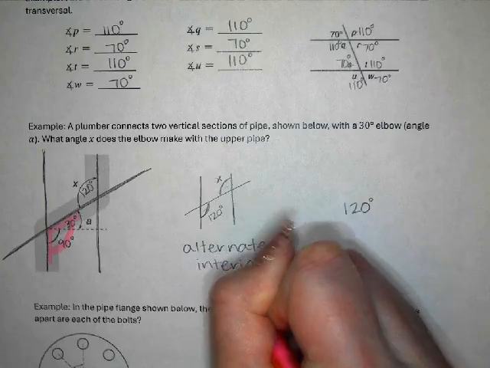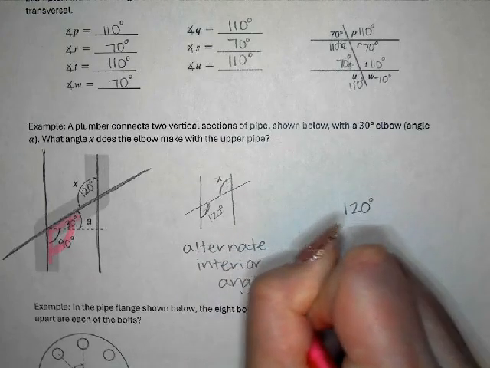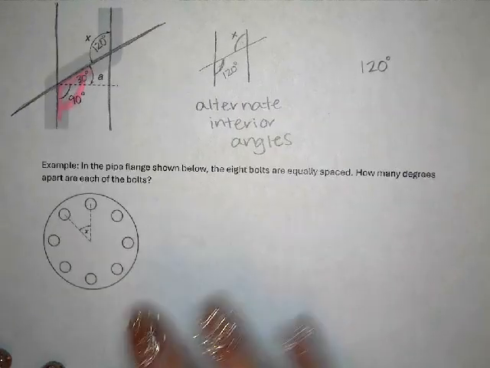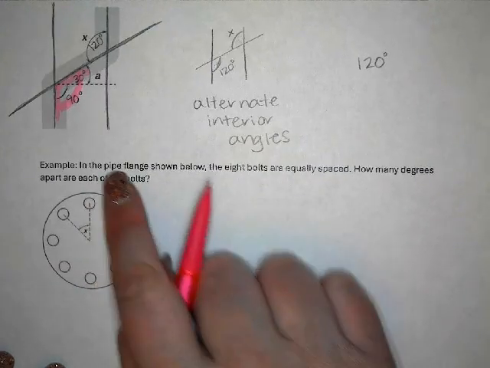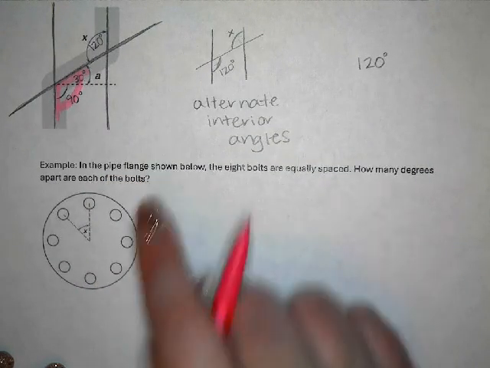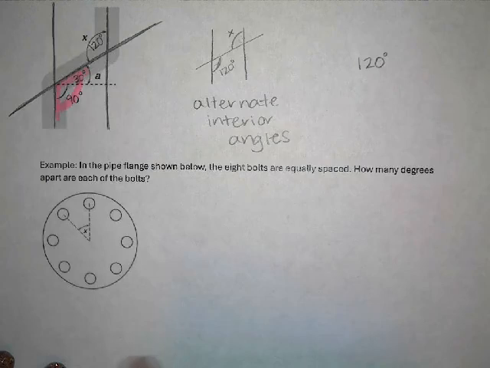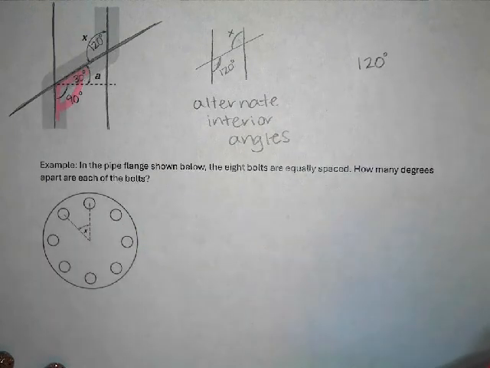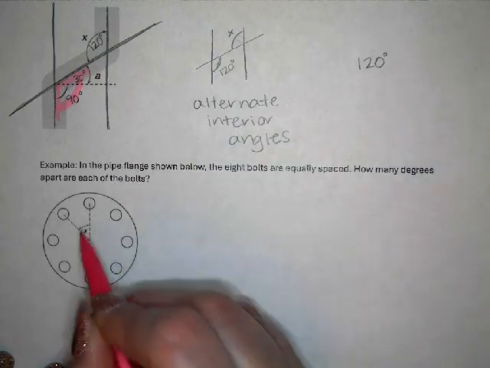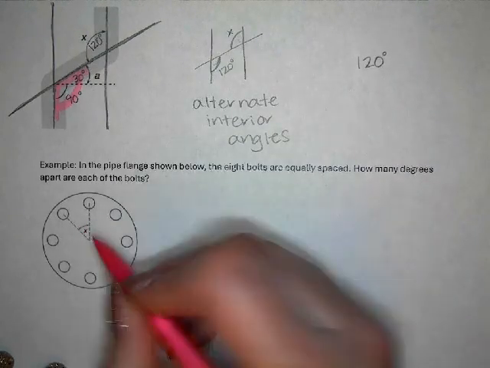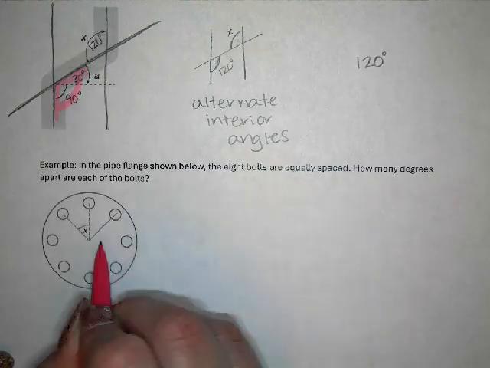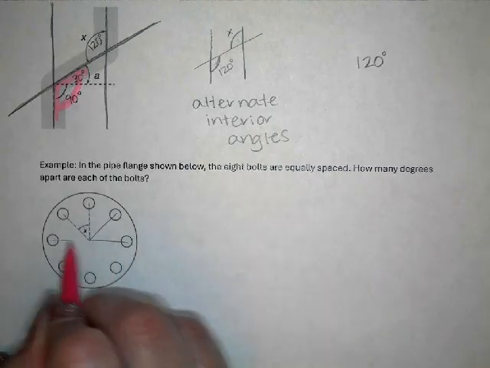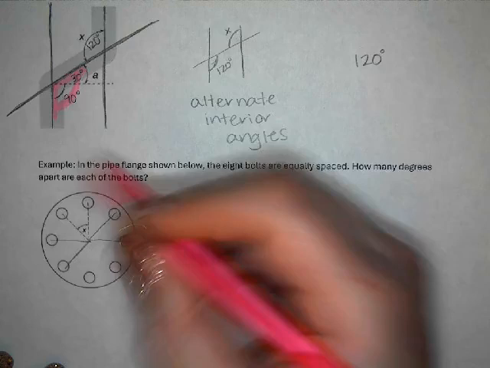All right, in the pipe flange, I think that's how you say that, shown below, the 8 bolts are equally spaced. How many degrees apart are the bolts? So they're showing you this is the degree measure they want. So they're equally spaced. We've got a circle here, so I know that all the degree measures in the whole circle add up to 360 degrees.